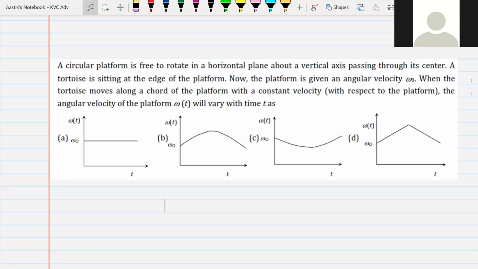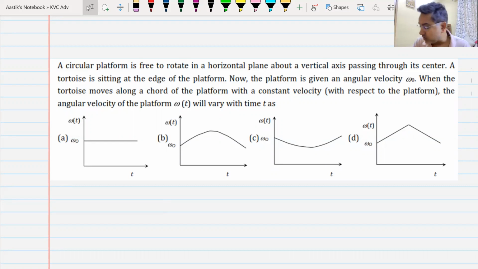Anything that looks like an answer? D, sir. Why, sir? As he is moving along a chord, let me draw a circle here.